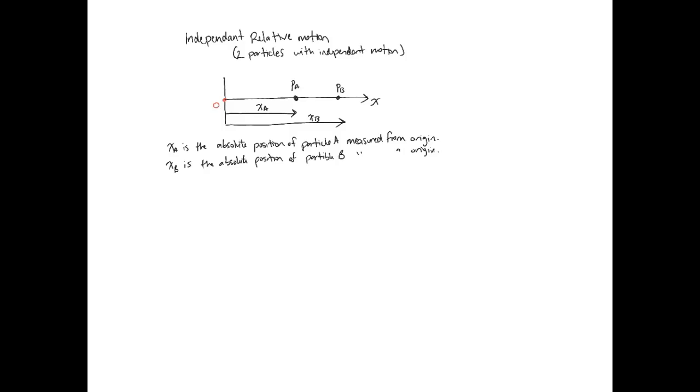But there's another way to look at the position of these particles. You could also say, what if we set a coordinate system starting at particle A? So what if we said we start a new coordinate system, x prime, that starts here at particle A?